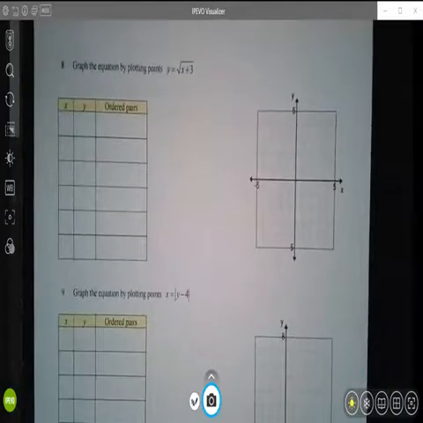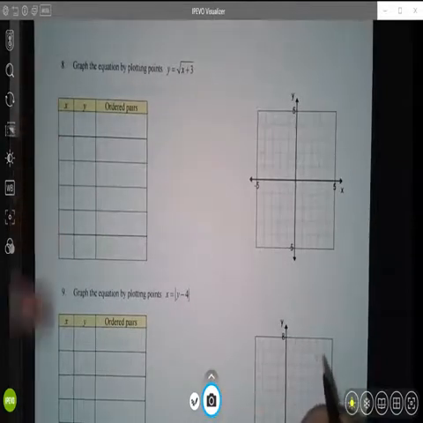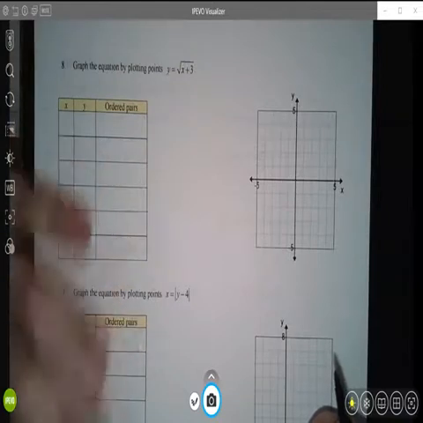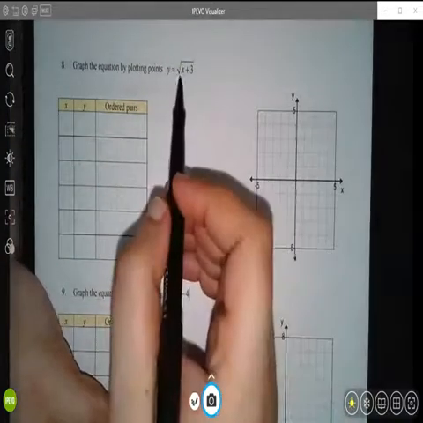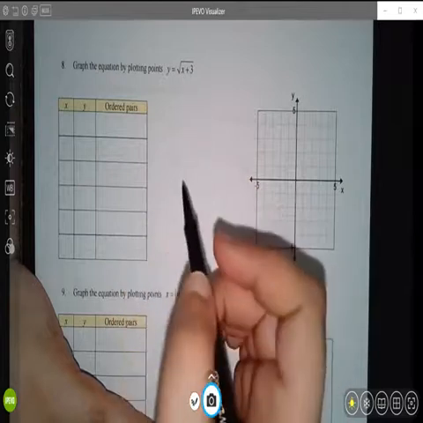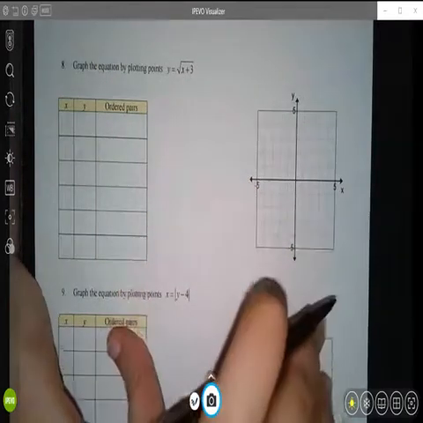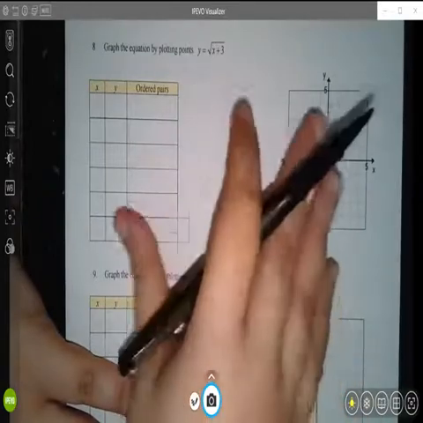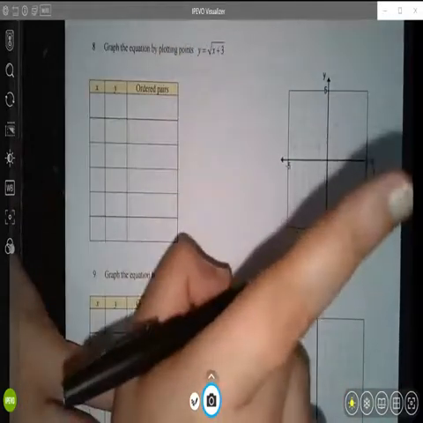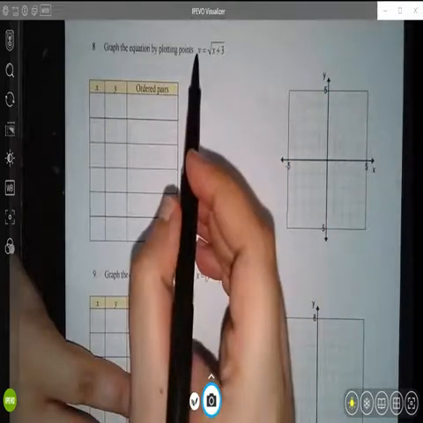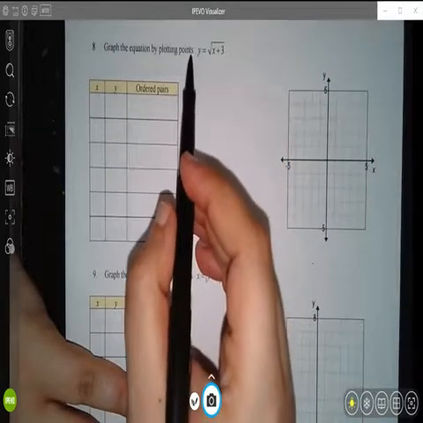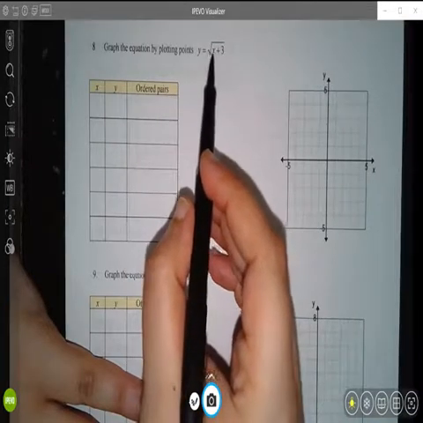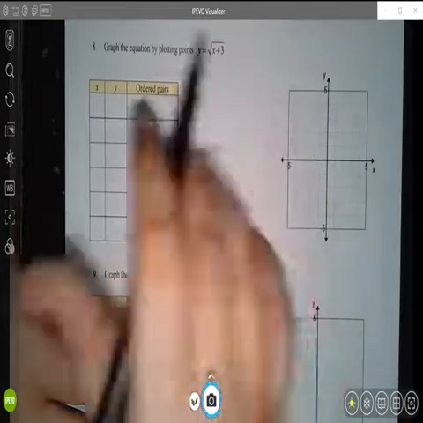Okay. How about this one? Let's do these two, because they're both fun. This is the radical, and this is an absolute value. So let's do that. Here we go. Root of x plus 3 and y. Again, x is the independent and y is the dependent. How can you tell? The dependent one is going to be written alone on one side of the equality, and the independent is going to be on the other side with other things applied to it, like root and plus 3 and everything.